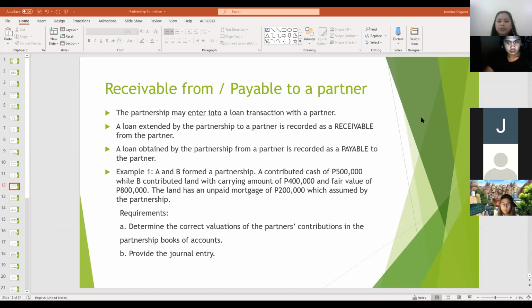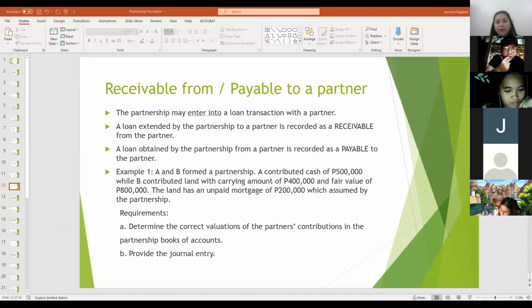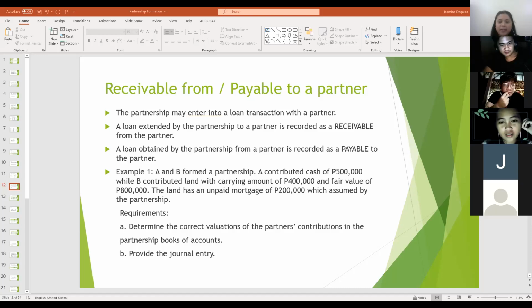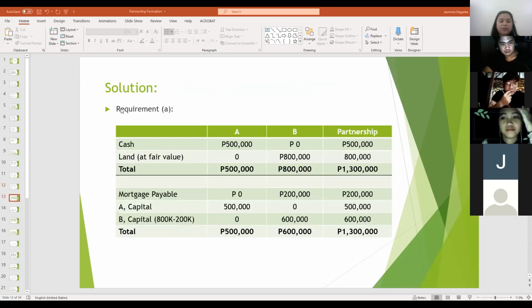Ano yung, how much nyo siya ire-record? 800,000. Yun yung fair value. Tapos, may mortgage daw yung land. Ano yung value ng mortgage na i-recognize din ng partnership? 200K. So, ito yung solution nyo.